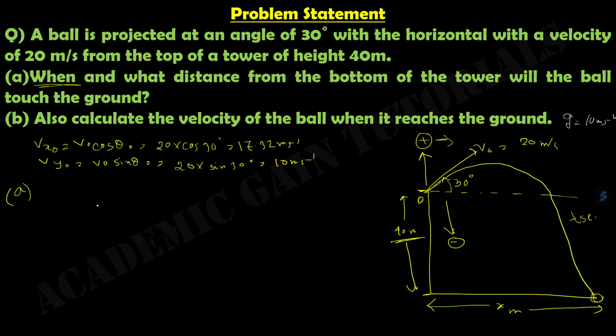So our equation is h equals to vy naught t minus half of g t square. So here we'll put h as minus h.